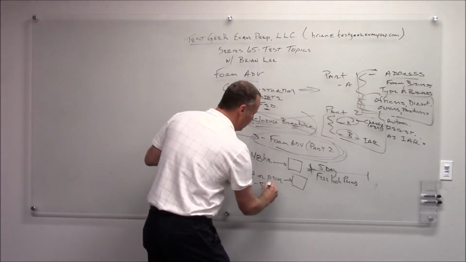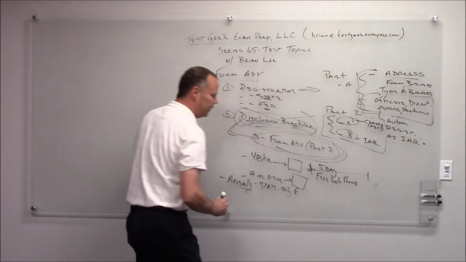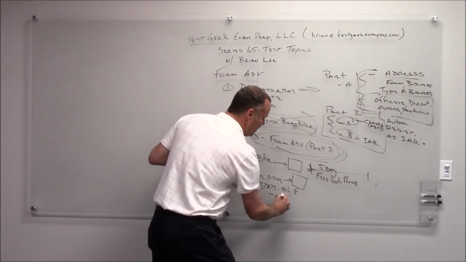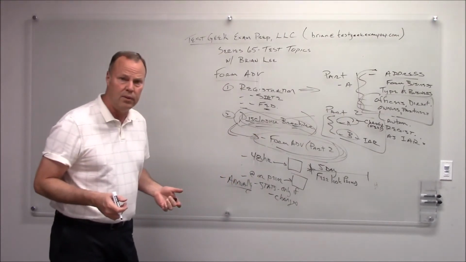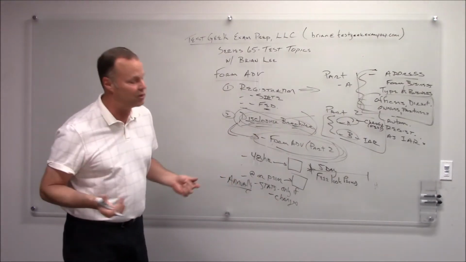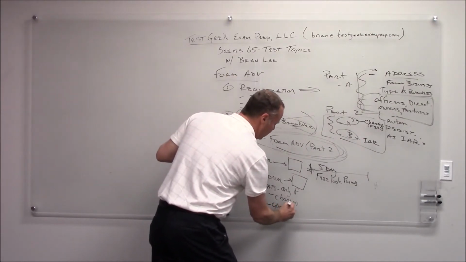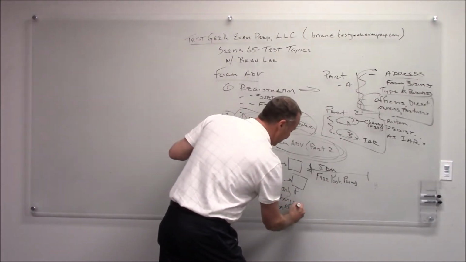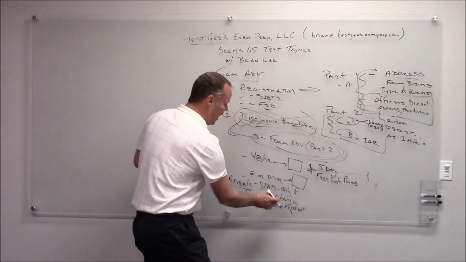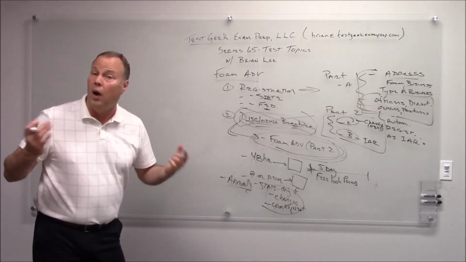State advisors, only if there are material changes in the Form ADV, which there almost always is, or upon request, which it almost always isn't requested. Okay? So that, again, is the state advisor only if there's material changes or upon request.